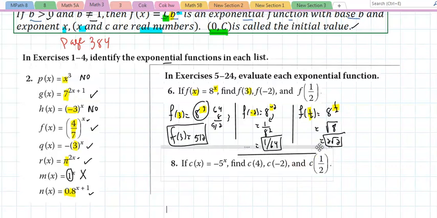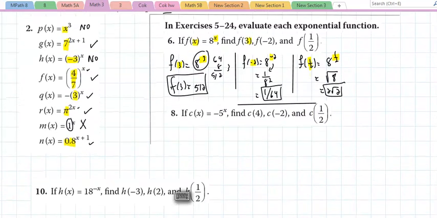If I move to the next problem, problem number 8, here's an exponential function. Here, I'm just going to replace this x by that 5, so the negative 5 will copy in every problem. If I start with c evaluated at 4, that's going to be negative 5 raised to the 4th.